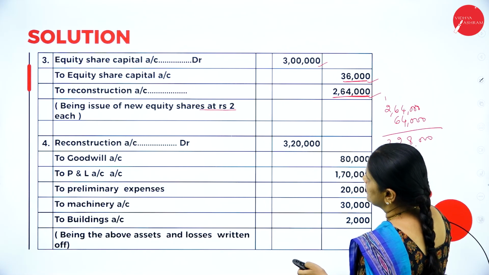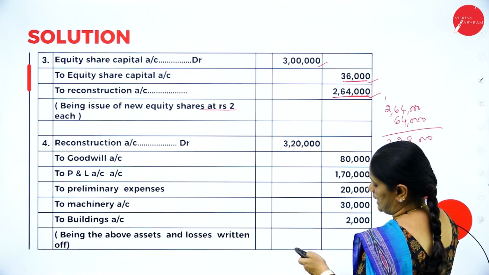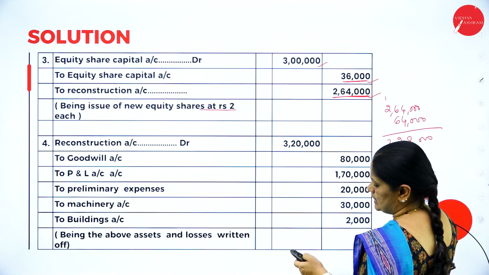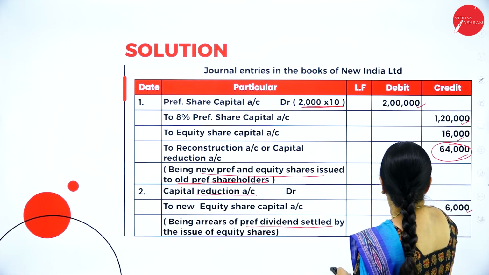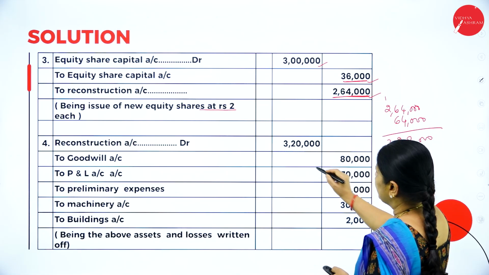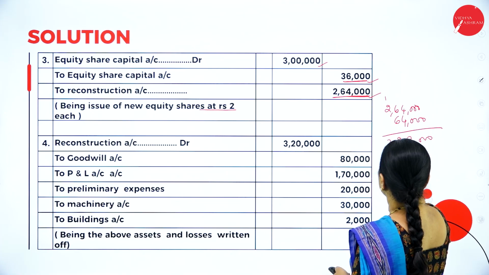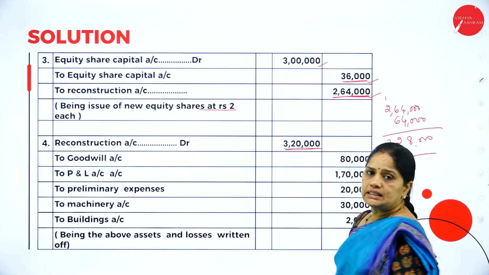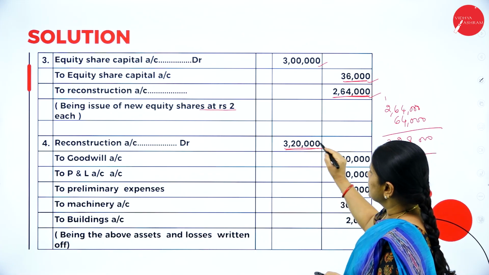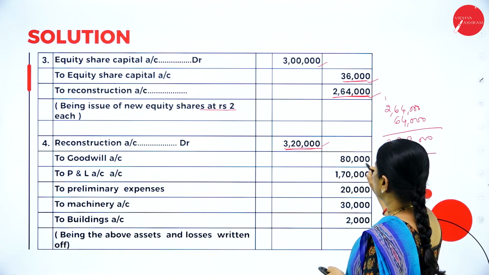From this we have to reduce 6,000, which we have issued here, so we are reducing the 6,000 of arrears. So we have a balance of 3,20,000. Then from this 3,20,000, I am writing off the goodwill.